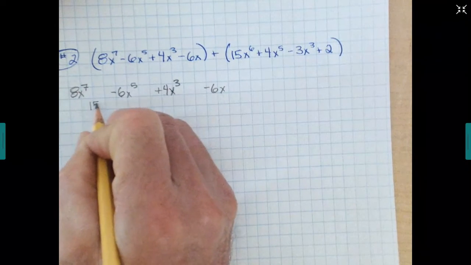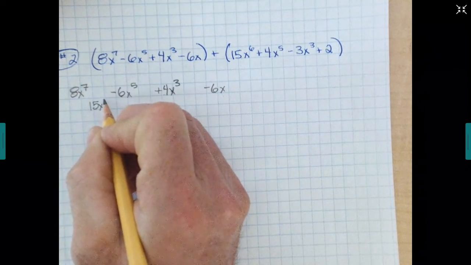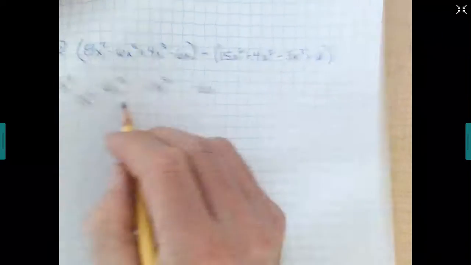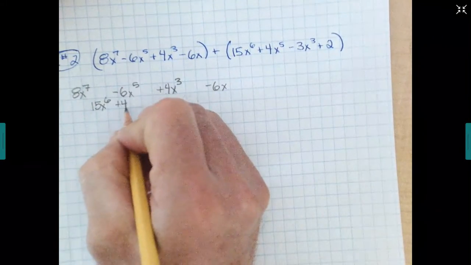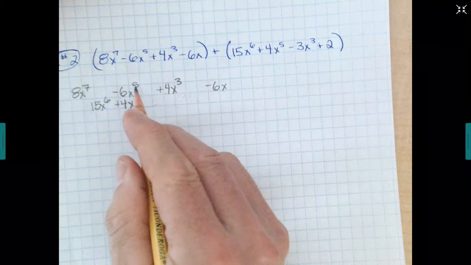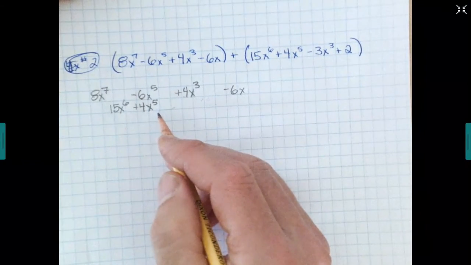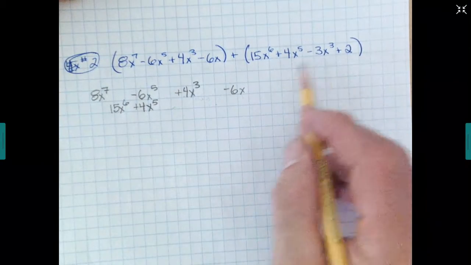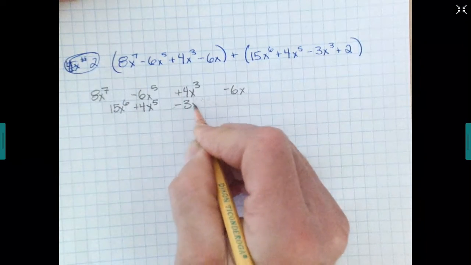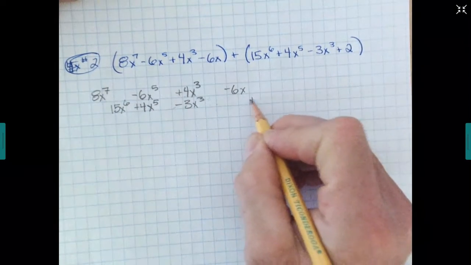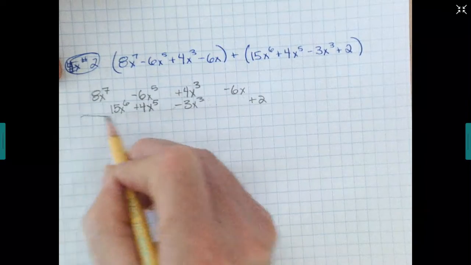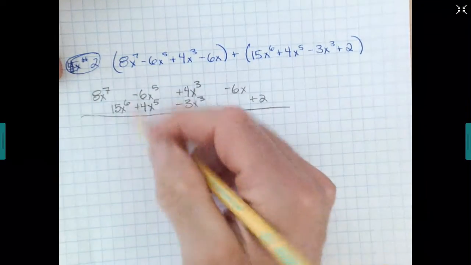15x to the 6th, and then plus 4x to the 5th. You can see x to the 5th, x to the 5th, minus 3x to the 3rd, plus 2. They're lined up.